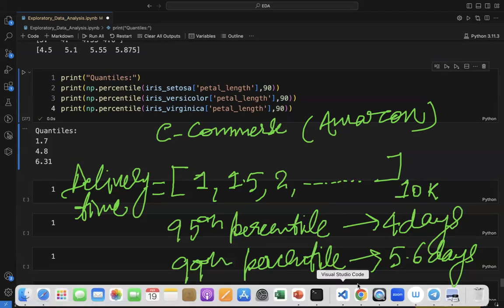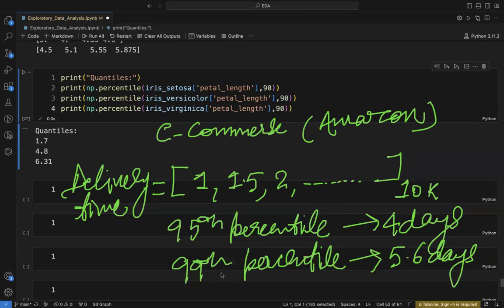What this is telling me is that 99% of orders were delivered within 5.6 days from the time of placing the order to the time it was delivered to the customer, right? And that is good because the 99th percentile of your customers got it within 5.5 days, let's say.